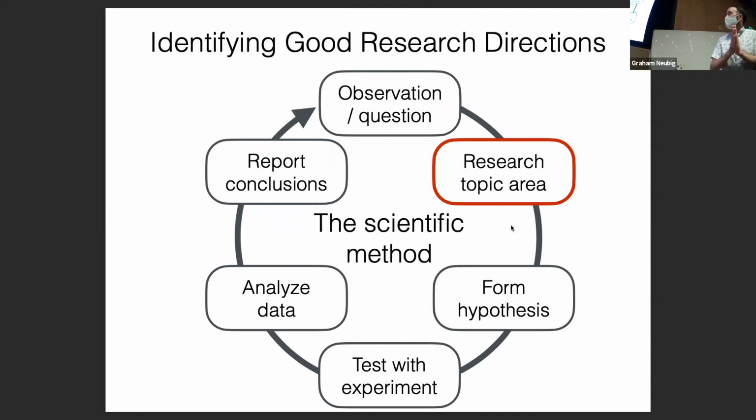So the next thing in this diagram that we have here is researching the topic area. This is to better understand the current state of the understanding of the techniques that we have in the field.